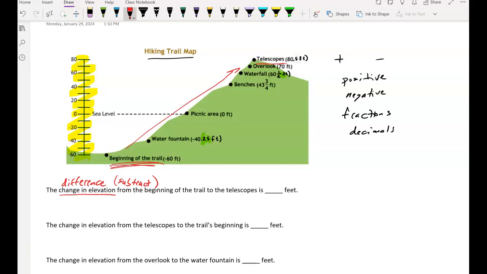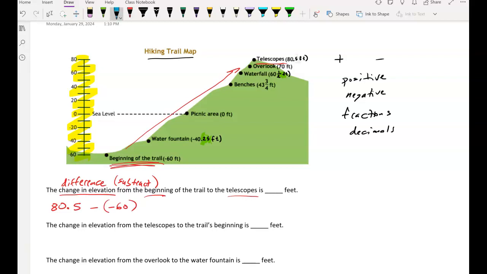Now this is where it gets weird, because we're trying to find the difference between those, and it says the difference from the beginning of the trail to the telescopes. We actually have to subtract the elevation at the telescopes, which is 80.5, and we're going to subtract the elevation of the beginning of the trail, which is negative 60. So 80.5 minus negative 60.